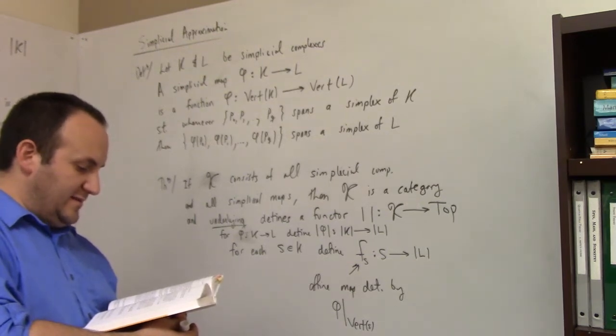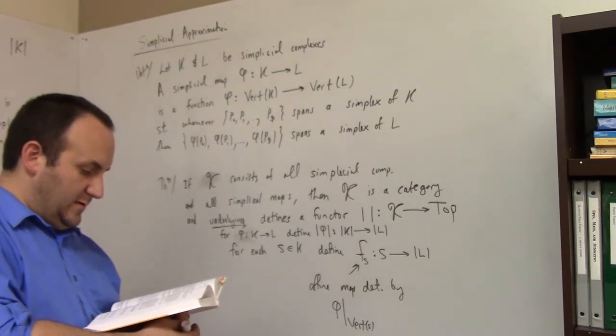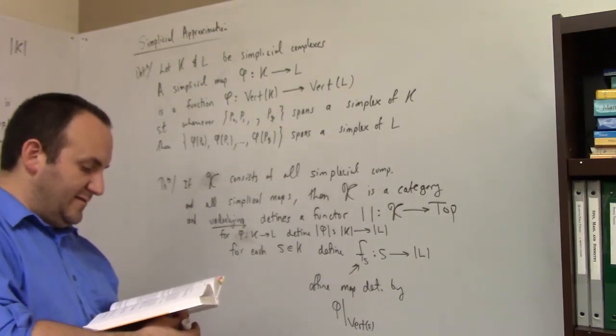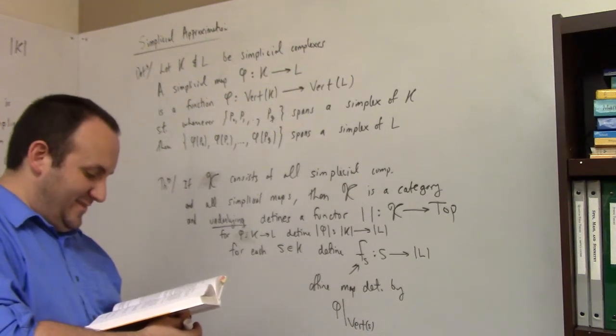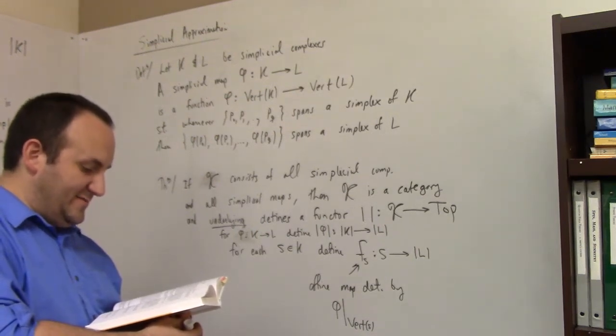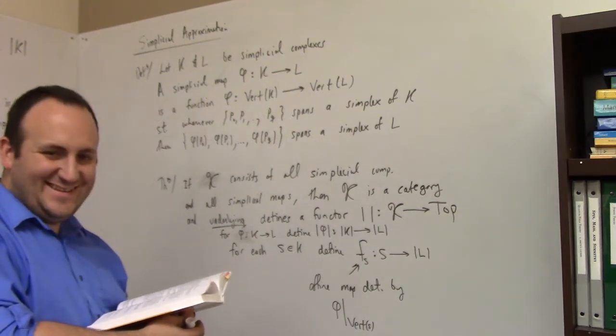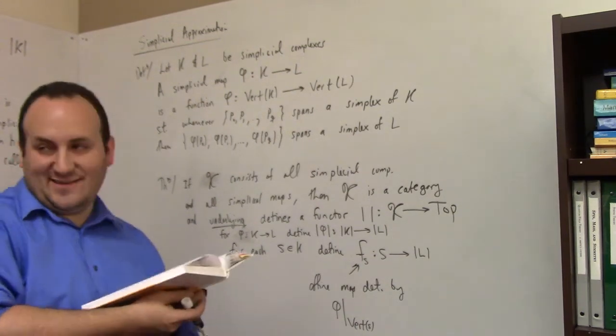Back to the gluing lemma. So that assembles a unique continuous function from the underlying space of K to the underlying space of L, denoted by underlying phi. That this defines a functor is left as an exercise for Nathan. Very good. Sorry, Nathan, I'm misbehaving slightly.